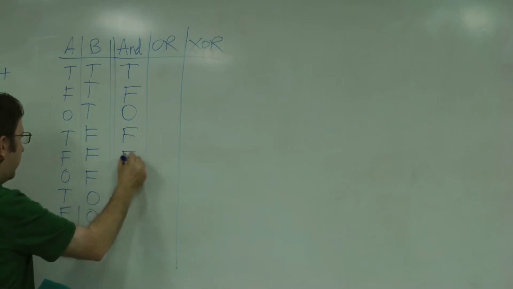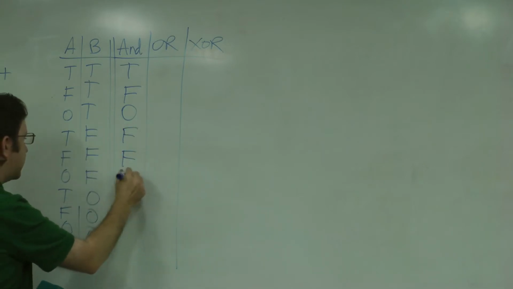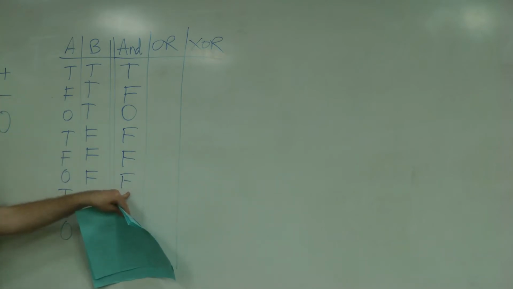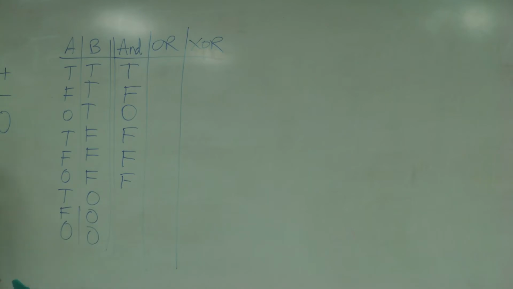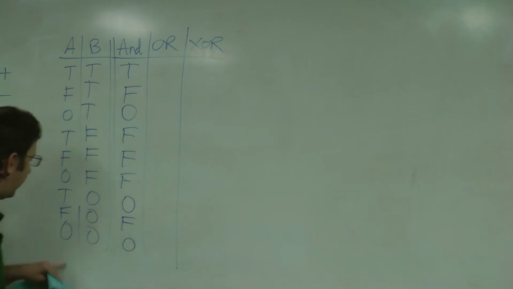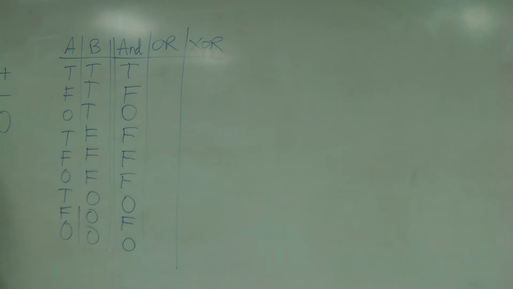But when we have false and uncertain, we know that that's going to come out to be false, because we only need one false value in order for it to be false. And if we have two uncertains, it's going to come out to be uncertain.